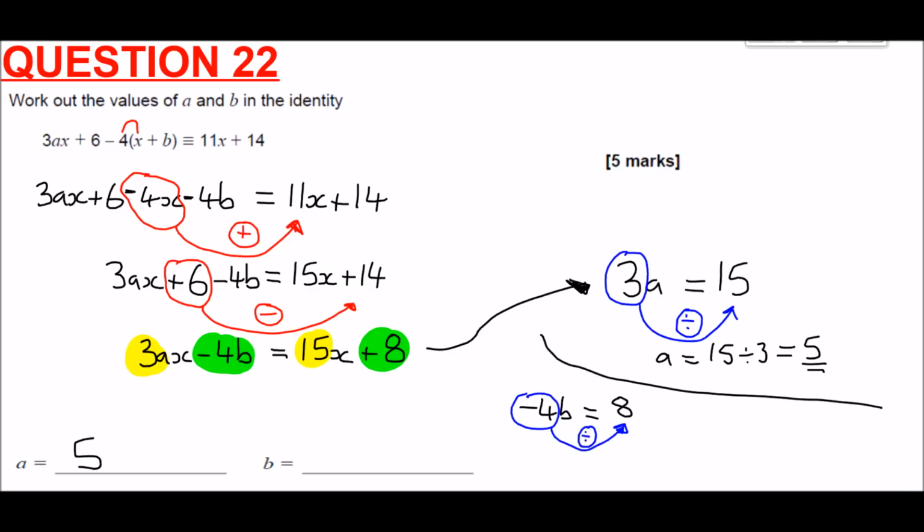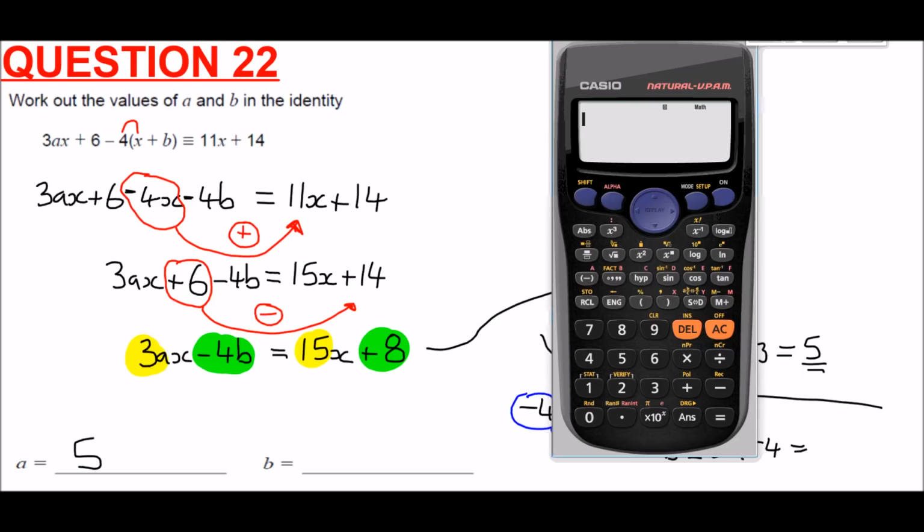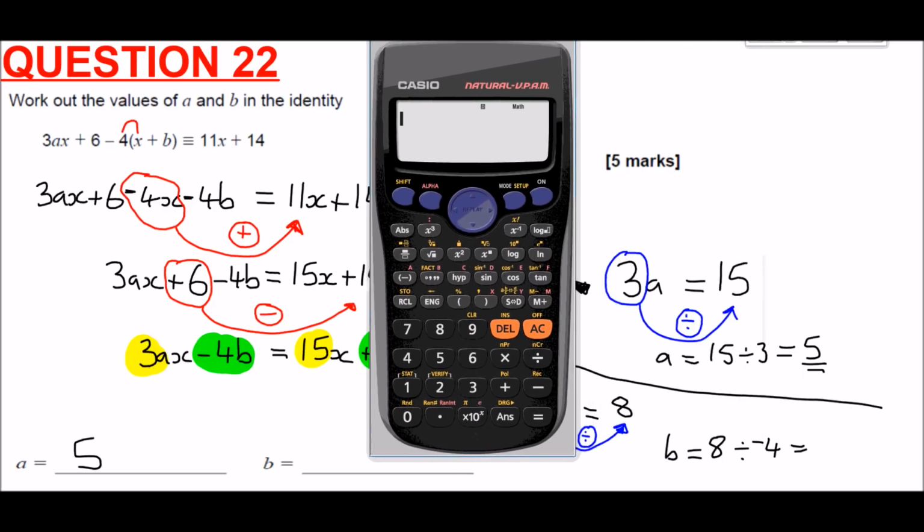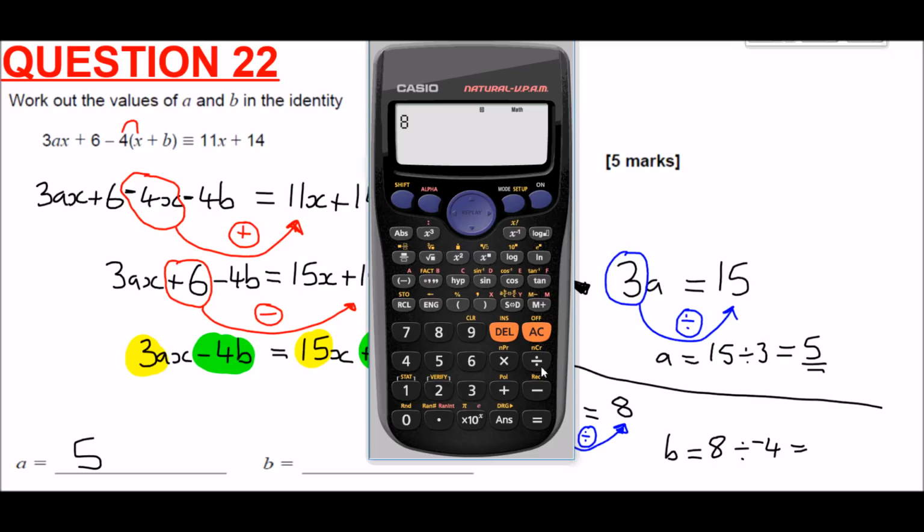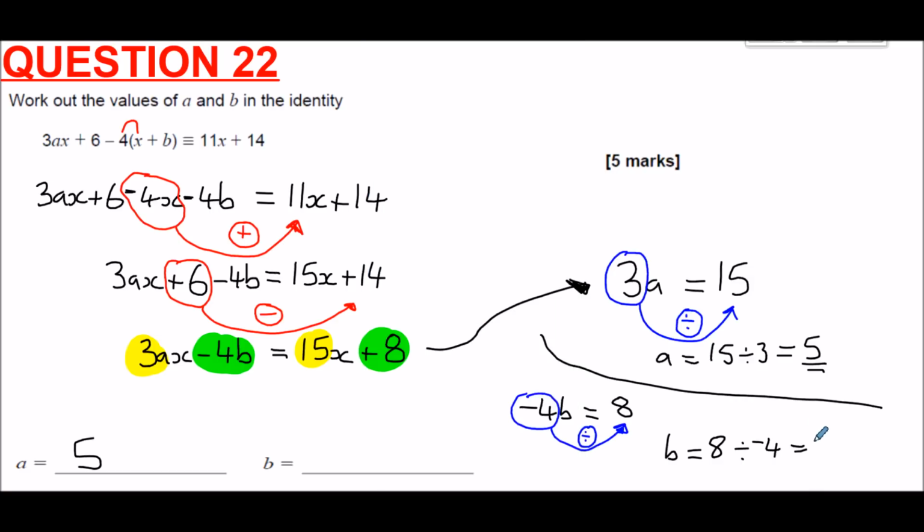So b will equal 8 divided by minus 4. So if we try that on a calculator, just to be careful without getting confused too much by all these negative numbers and things, 8 divided by minus 4 gives us minus 2. So a is 5, b is minus 2.